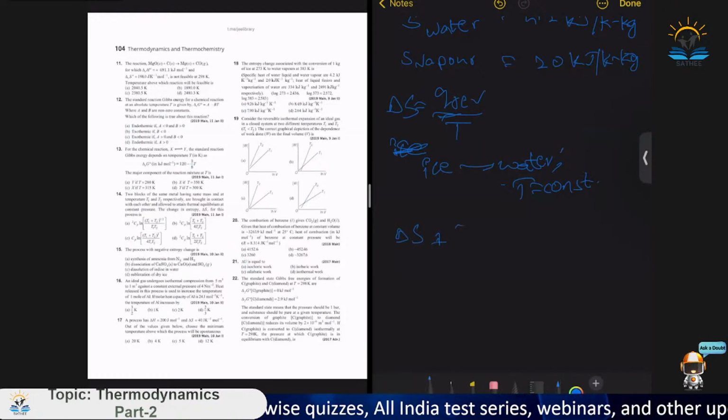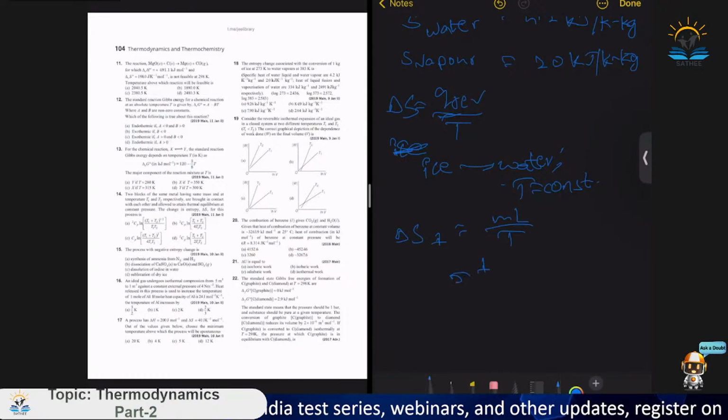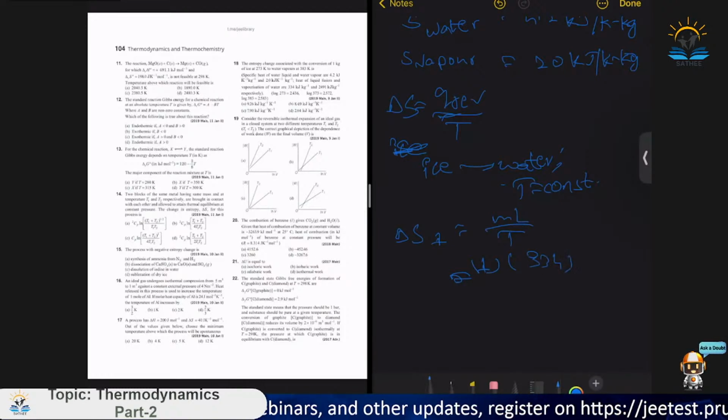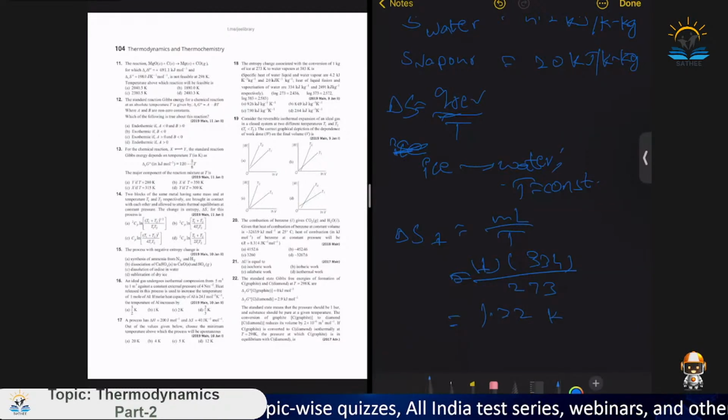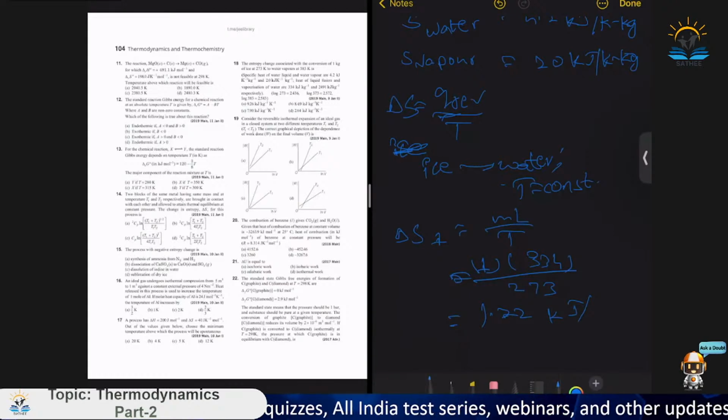So your delta S is just ml by temperature, which is 1 into 334 by 273. Divided by 273. You won't have a calculator, but I'm using one calculator. 1.22 joule per Kelvin.